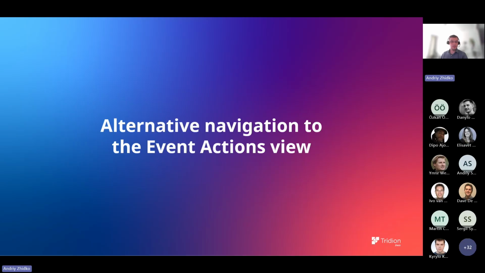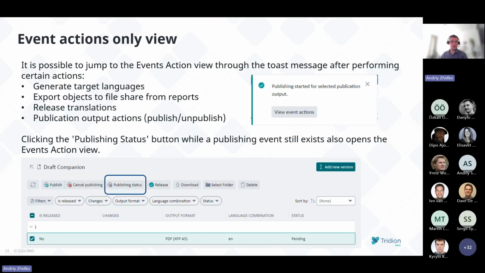So let's talk about the different ways you can navigate to event actions, except the direct navigation by clicking on the events tab. As part of different actions, toast messages are shown, and on the toast message there is a separate button, view event action. By clicking on that button, you will navigate directly to the list of event actions of that event.